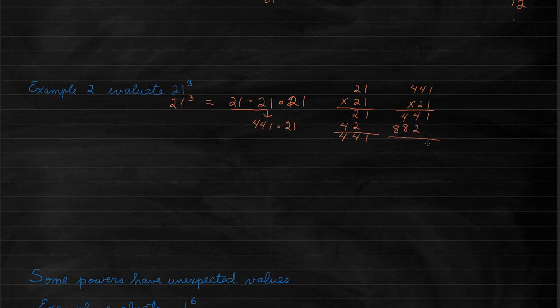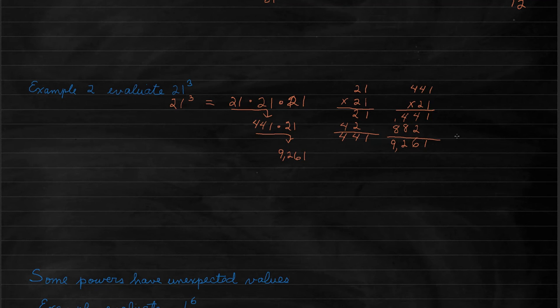We add the 2 partial products, we get 1, 6, 4 and 8 is 12, and we carry a 1, and this gives us 9,261. So multiplying these two together will give us 9,261.